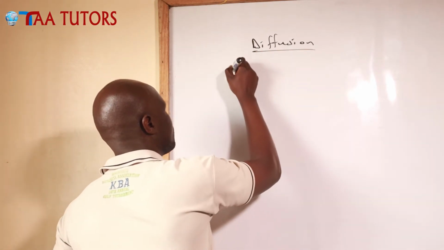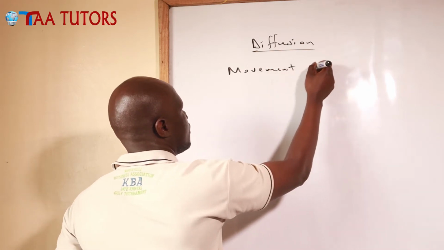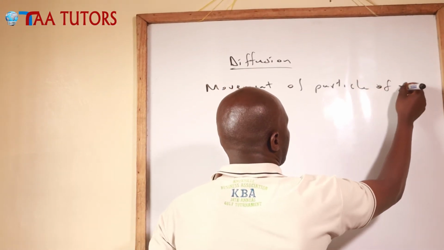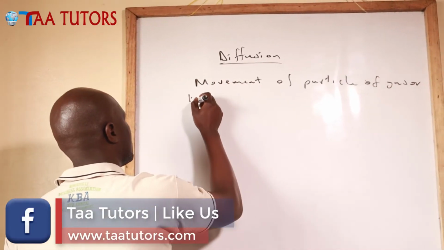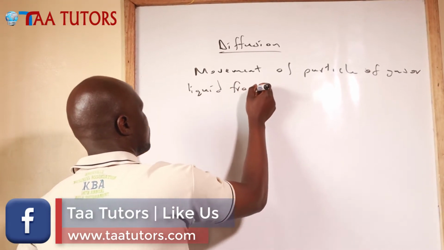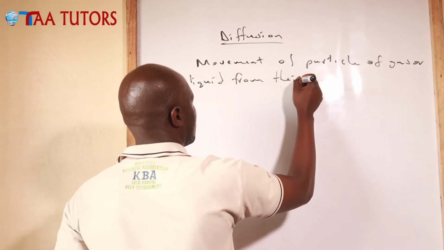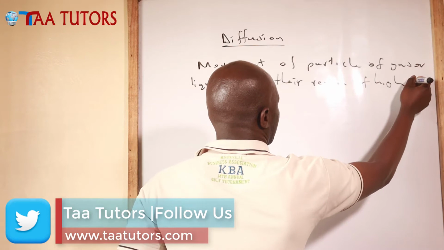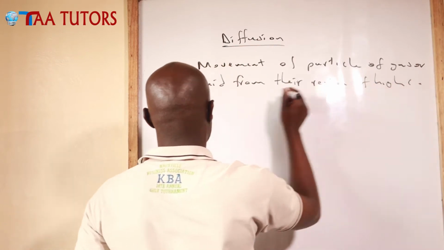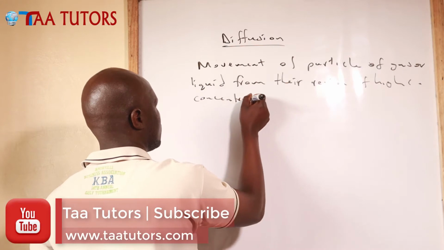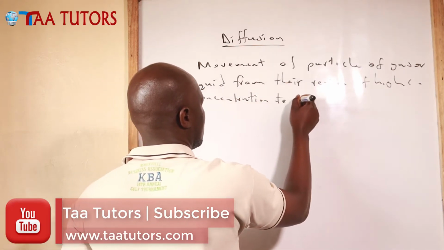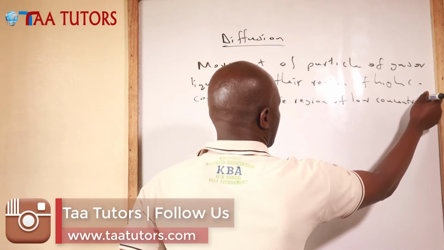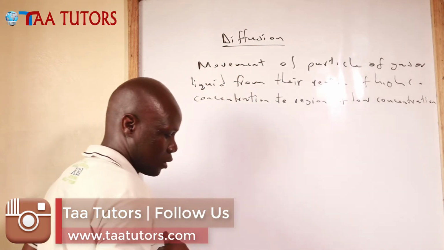So it is the movement of particles of gas or liquid from their region of high concentration to region of low concentration. That is the simplest definition that we could give for it.